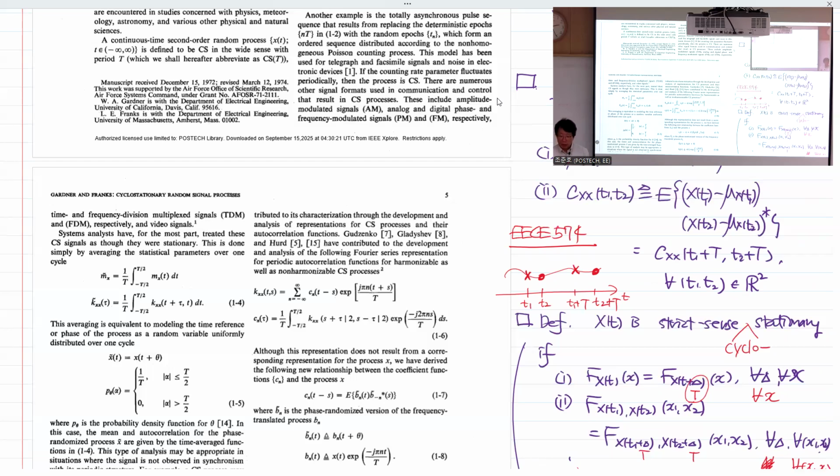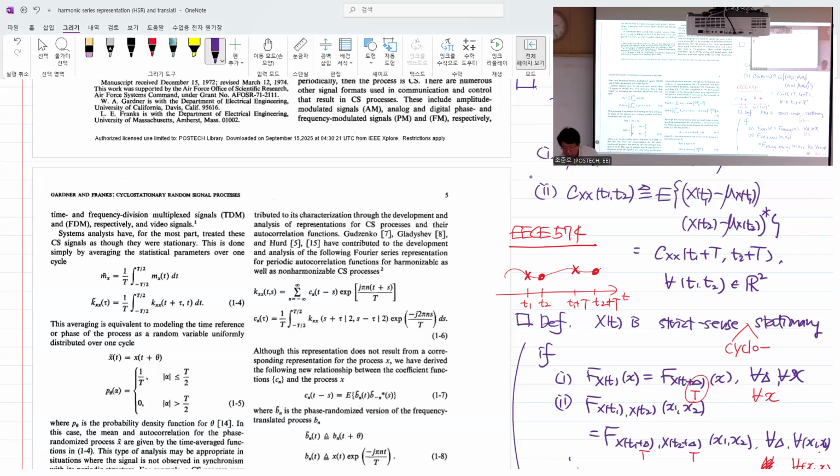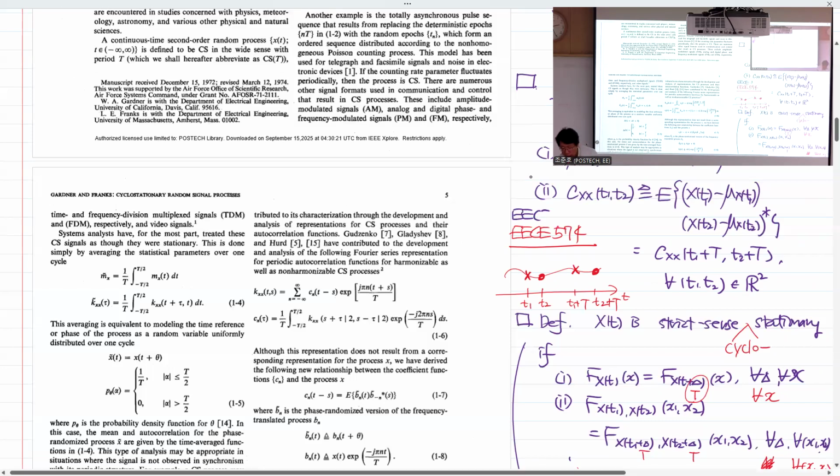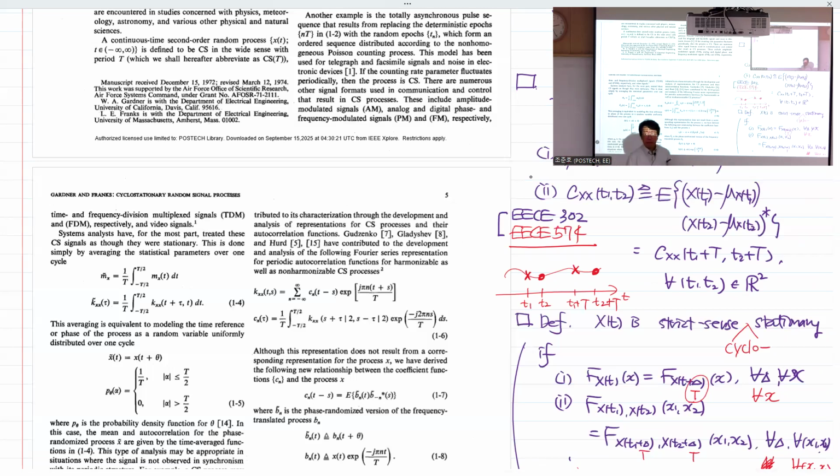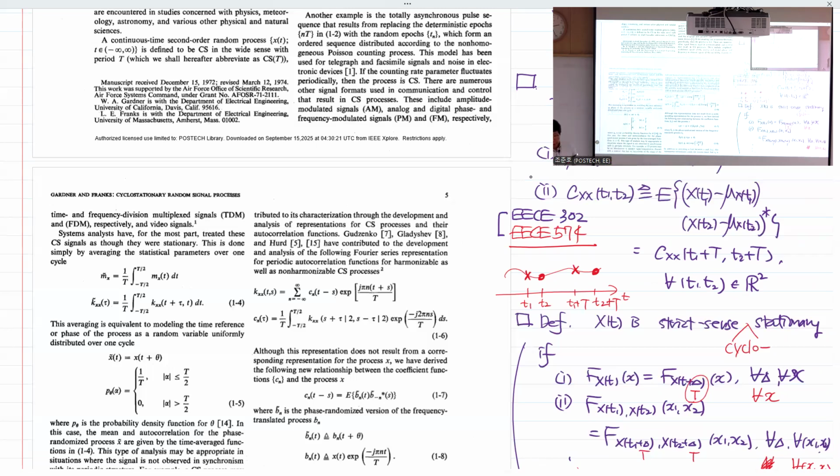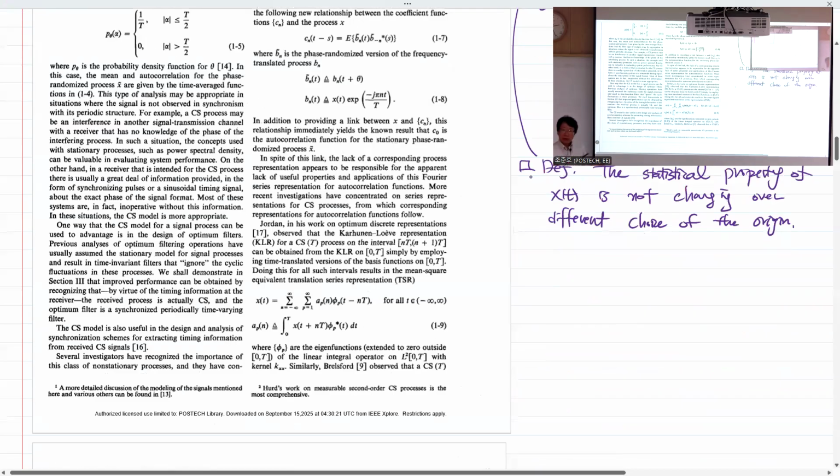And even in an undergraduate course, I remember, 302, probably Mathematics for Electrical Engineers A, you will also find Kolmogorov's extension theorem because I usually talk about it even for undergraduate courses. Got it?